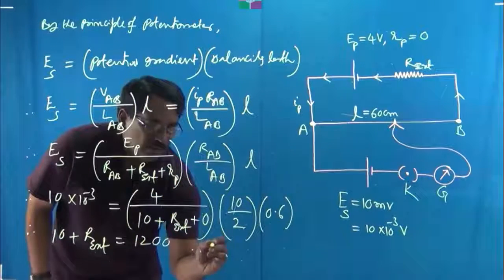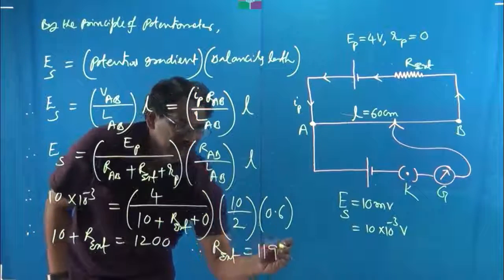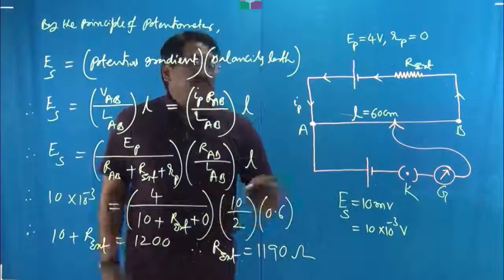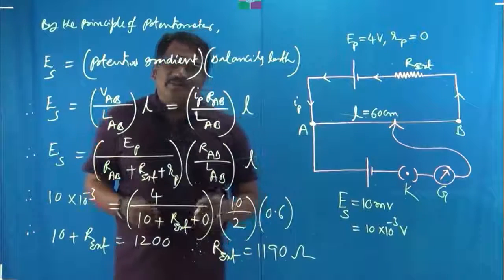Therefore R external is equal to 1190 ohms, and this 1190 ohms is present in option 2. So option 2 is our correct answer.